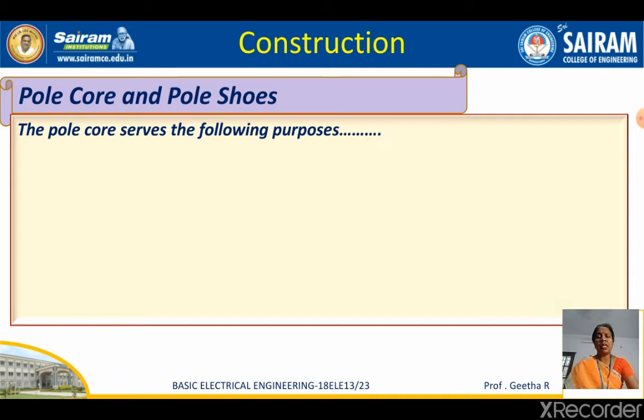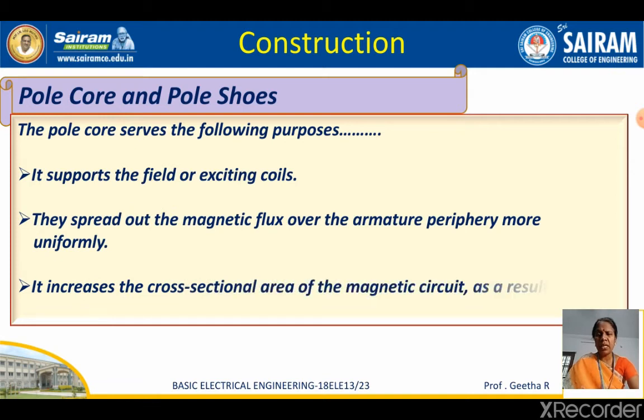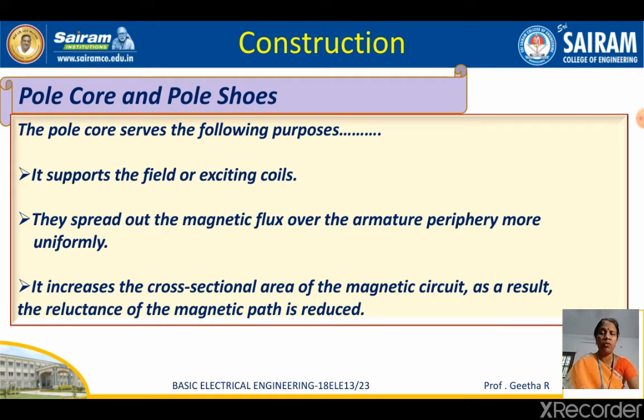The pole core serves the following purposes. One is, it supports the field or the exciting coil. They spread out the magnetic flux over the armature periphery more uniformly. The purpose of the pole core is that it supports the field winding, which is wound on the pole core.